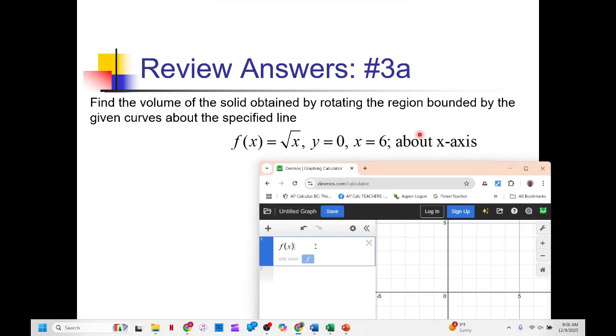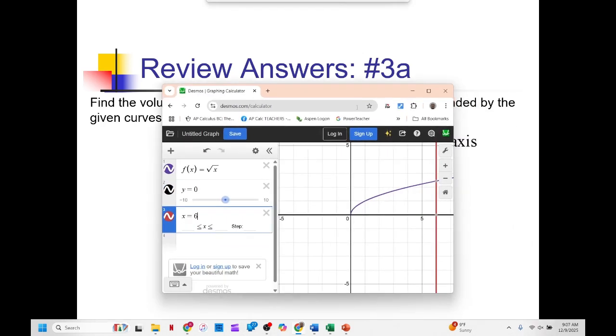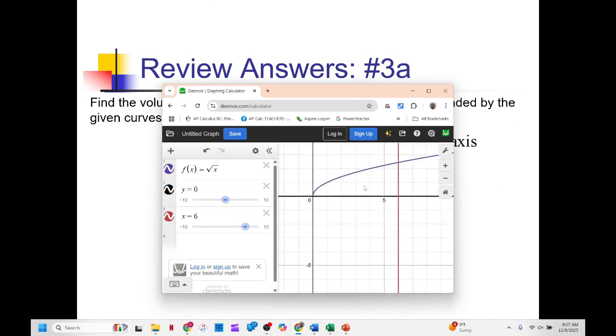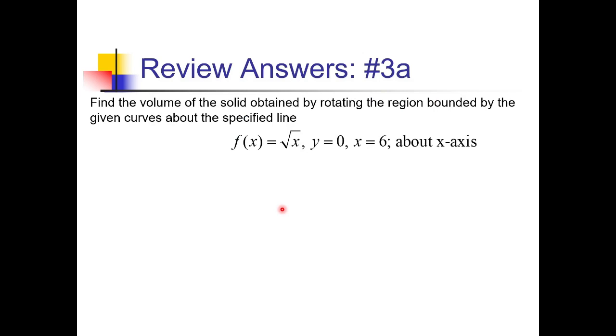So we have f of x equals square root of x, and then we have y equals 0, which is just the x-axis, and we have x equals 6, a vertical line through 6. So this is the bounded area that we're looking at, and we're revolving around the x-axis, which is one of the boundaries of my bounded region. So there it is. There's the area I'm revolving around the x-axis.